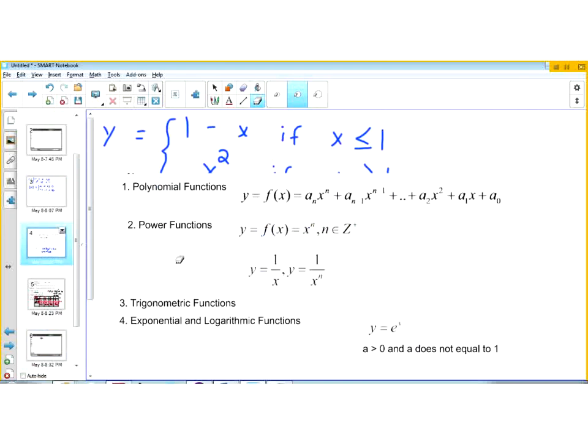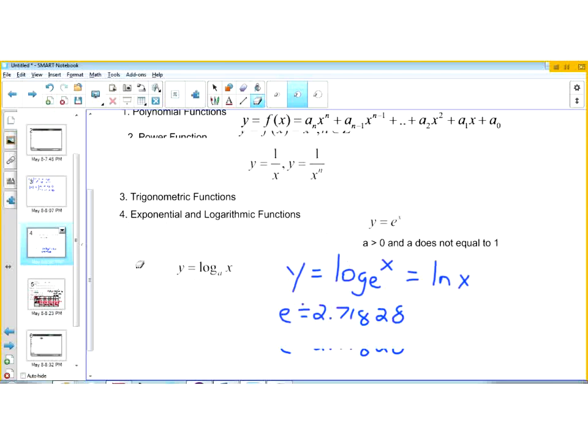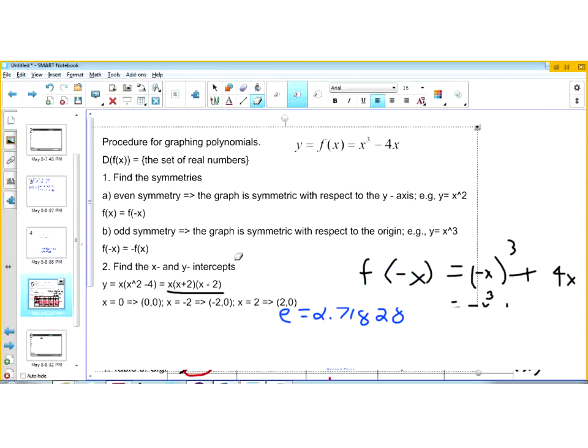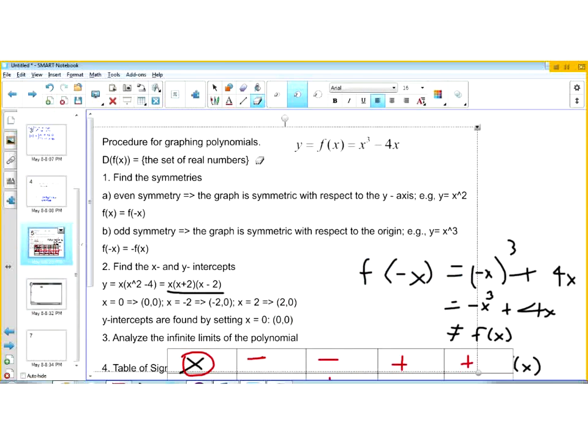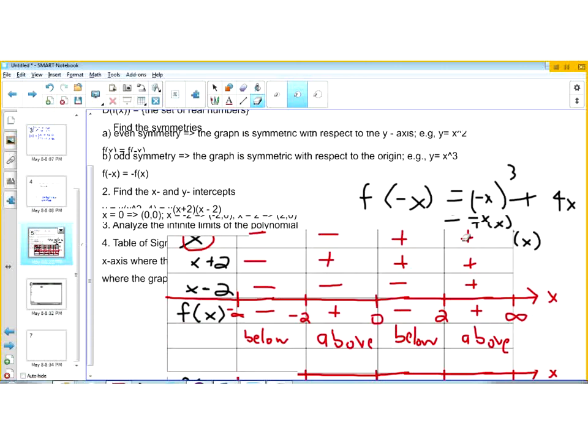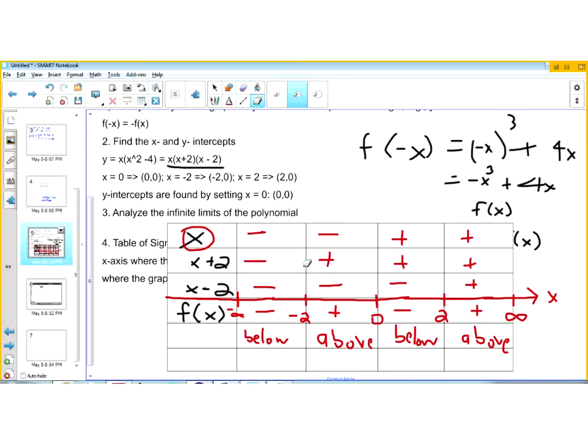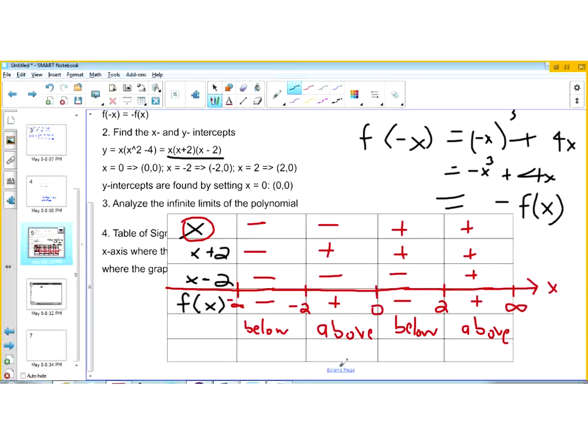All right, so let me go back and fix the algebraic mistake on the slide. What was it? Was it this slide? Or was it the next? It must have been this one. Okay, so I need to fix this one. Yeah, f of negative x equals negative f of x.